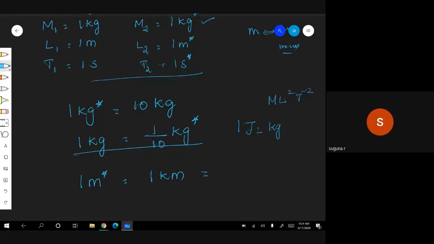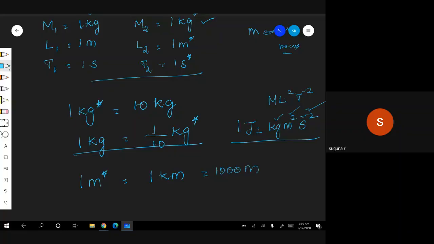So I want everything in mass in kilogram, length in meter, and time in second only. But here it is given 1 meter star is equal to 1 kilometer. I don't want kilometer. I want meter. Therefore, let it be 1000 meter.